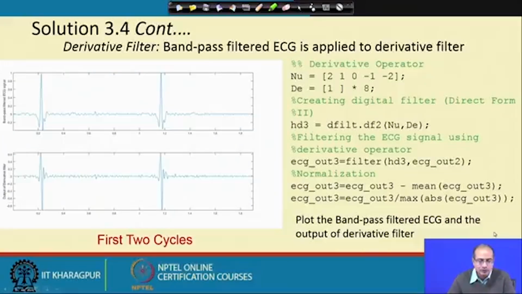Okay. And when we look at the first 2 cycles, we can see the change more clearly, and it has become like 2 sets of ripples near the QRS complex, both positive and negative sides. And let us proceed to the next step.